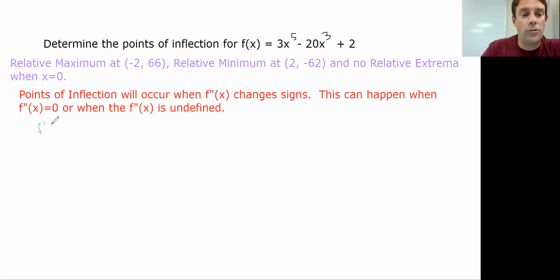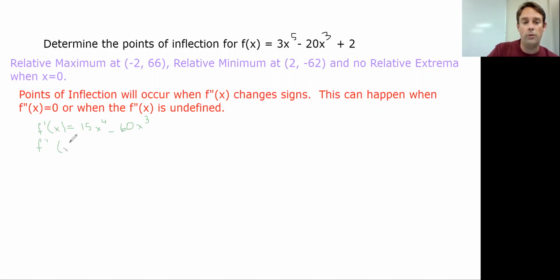So f prime of x equals, we saw this yesterday, 15x to the 4th minus 60x to the 3rd. And then we had a second derivative.